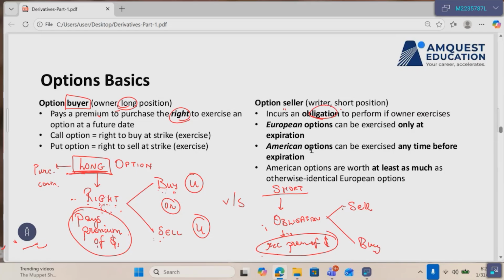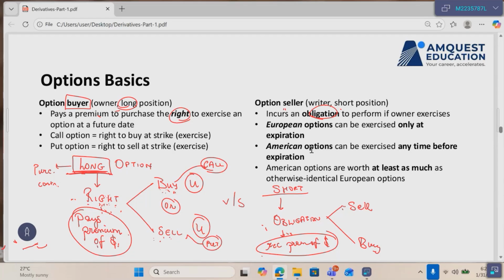Are we clear? Now I also told you that his right could be to buy something, and when he has the right to buy something, that's called a call. So he's saying, I want to buy something, I'm calling it. If he has the right to sell something, that is called a put. So when I say someone has a long call, it means he has the right to buy.